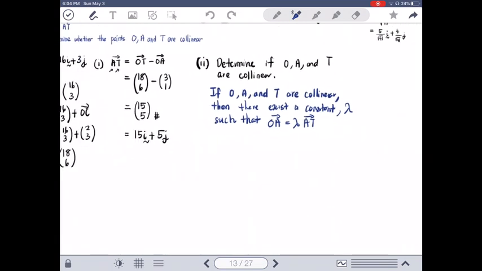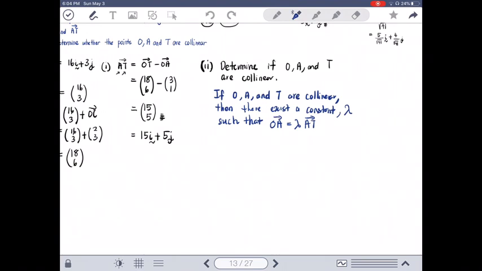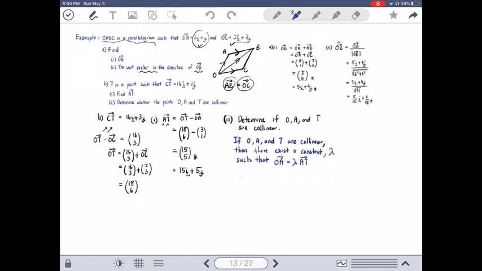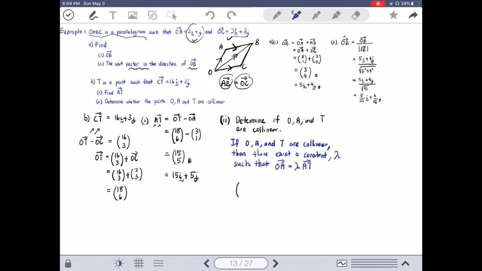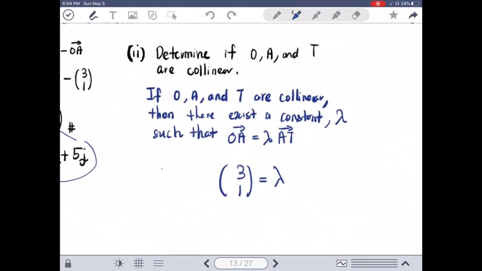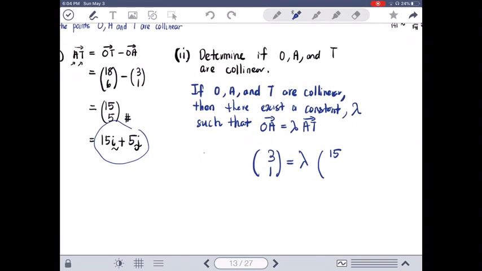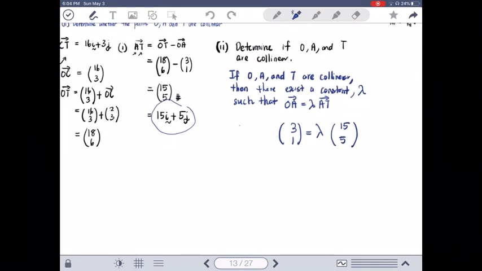Okay, so can we do that? Do we have OA? We do have OA. So OA is just (3, 1) equal to lambda times AT, that is AT is just (15, 5) in column form.